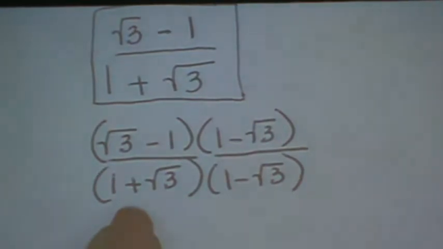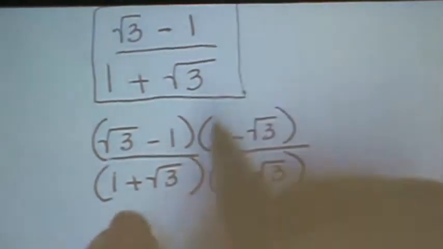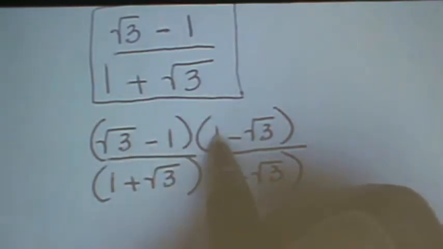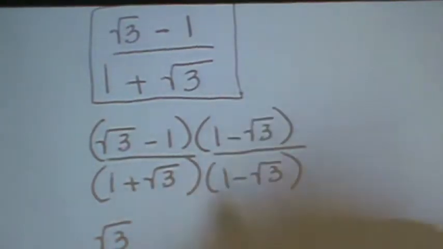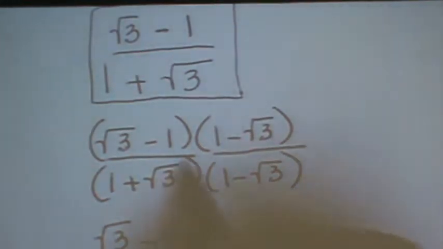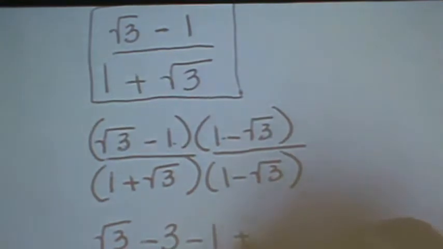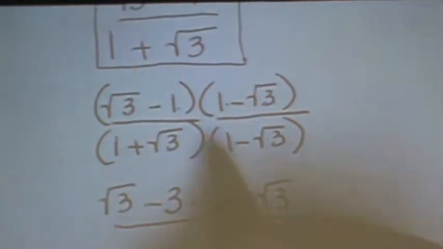Okay? So your job now is to multiply. You're going to FOIL. Root 3 times 1 is root 3. Root 3 times root 3, that would be minus 3. And then minus 1, I'm just FOILing. And then plus root 3. Now the bottom, before we can simplify that in a second, 1 times 1 is 1.